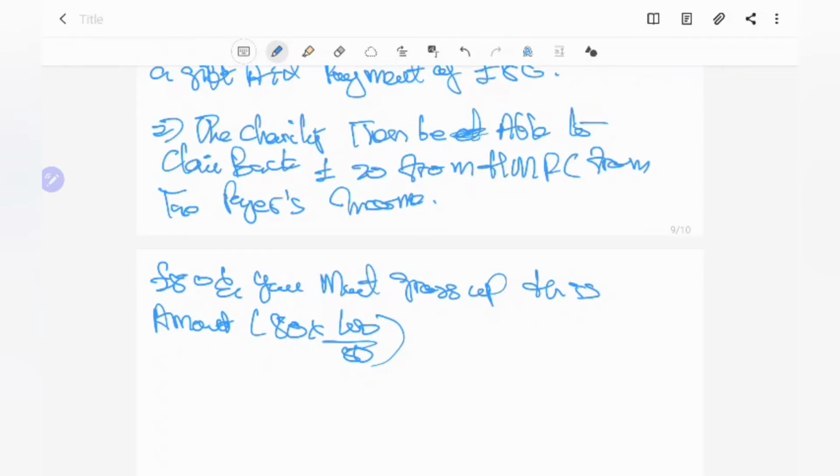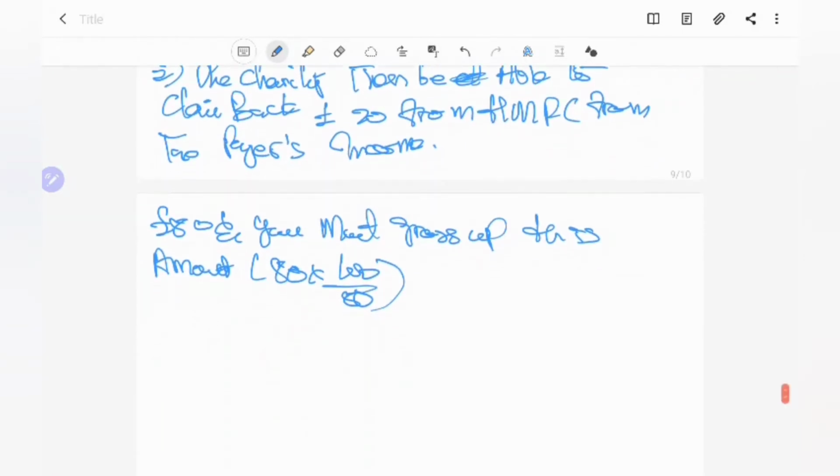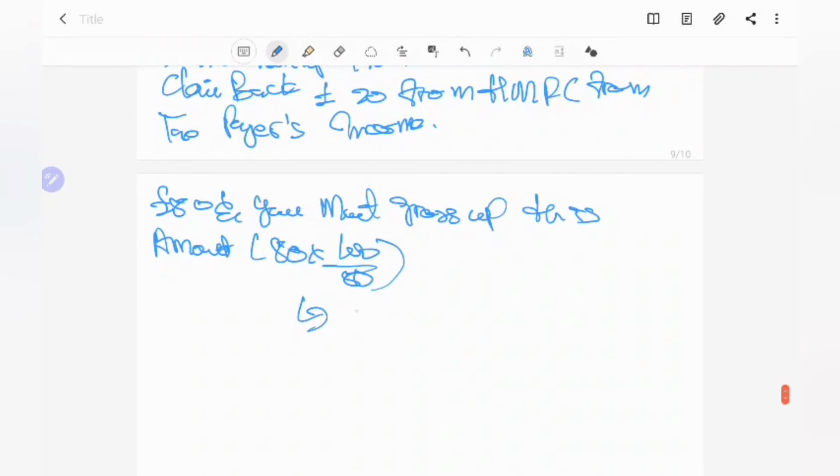Or instead it may state £100 gross. So if the gross amount is given, you already have the grossed up figure for use, you do not need to do any working for that.